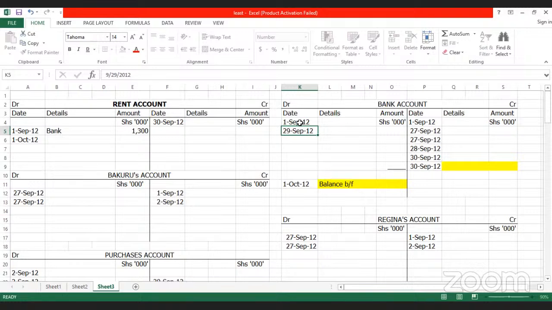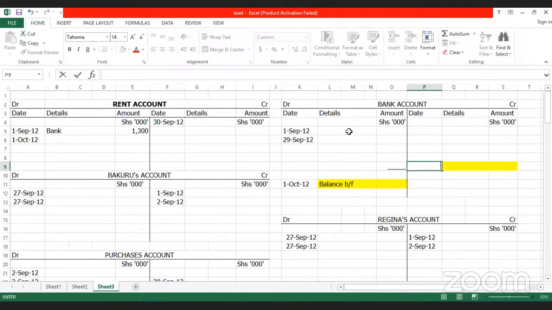Check your statement of affairs which you have prepared. There is a bank balance, cash at bank. How much is the cash at bank? 25. Cash at bank is how much, members? Because you cannot pay rent without money.